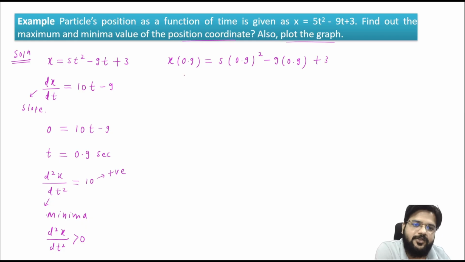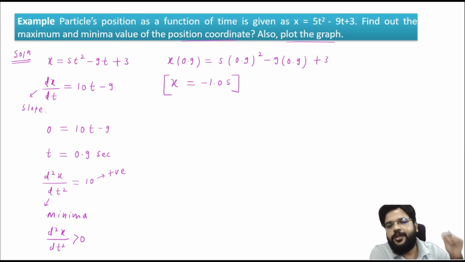Now simplify this. After simplification, you will get x equal to minus 1.05, correct? So this is the position of the particle. At 0.9 second, the particle is present at minus 1.05, and at this place minima is forming, correct?